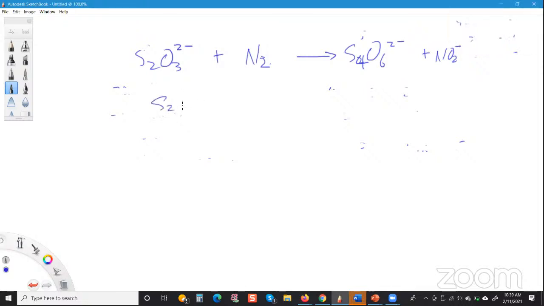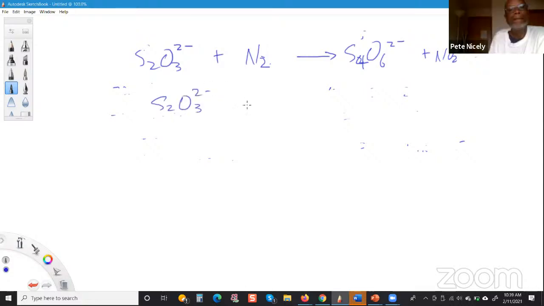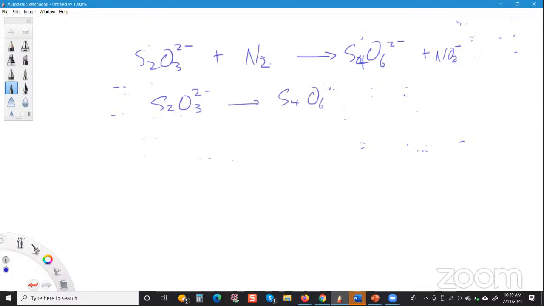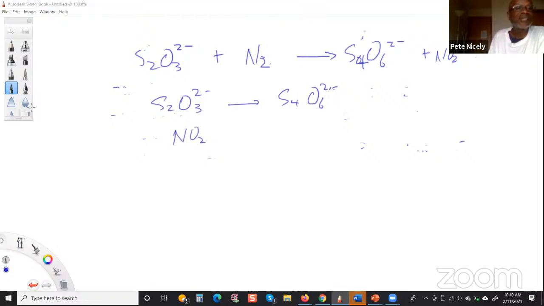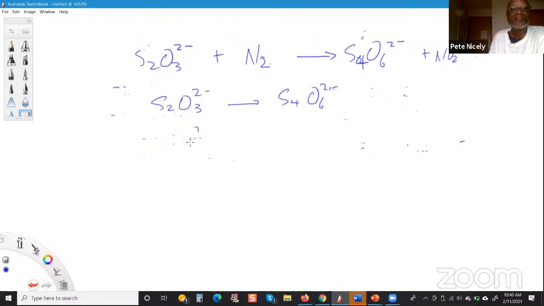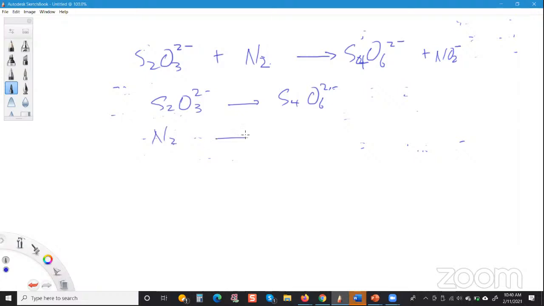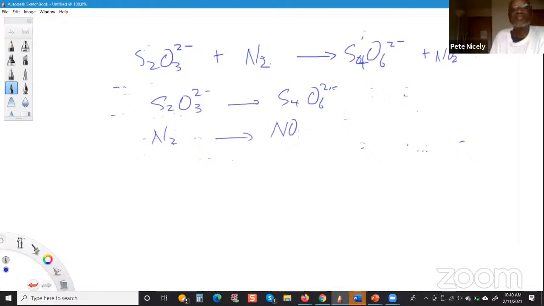S2O3 2 minus, and then the S4O6 2 minus. Okay, very good. And the next half equation obviously will be NO2. I'm sorry, N2. What am I saying? N2 to form NO2 minus.